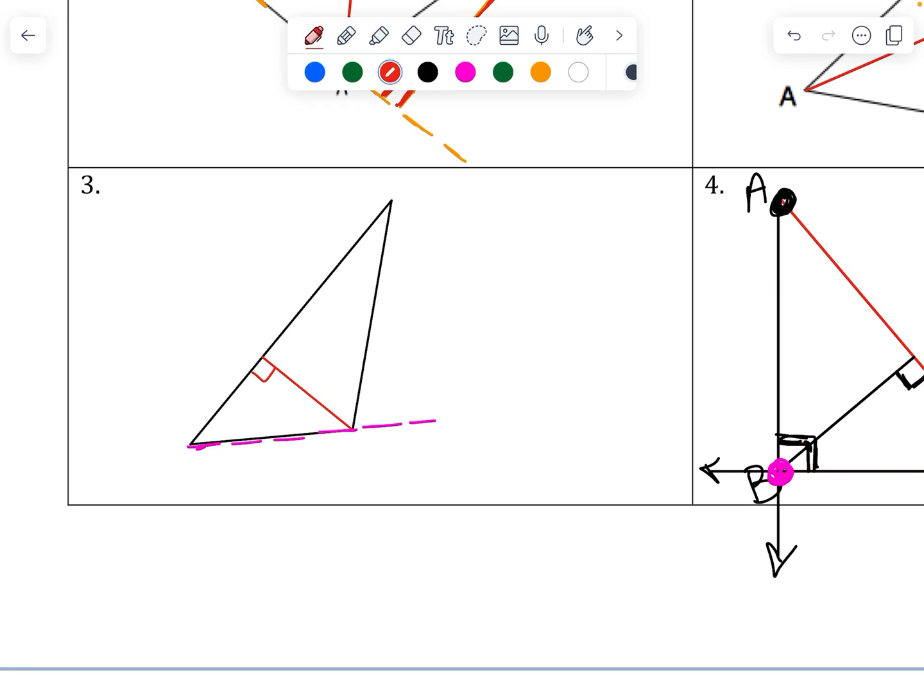So I can draw in my height now, but only because I extended that side. So now I've got a 90. And I can continue this down as well.